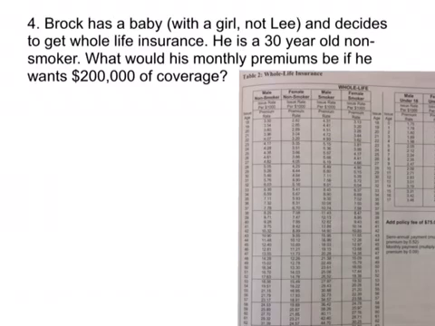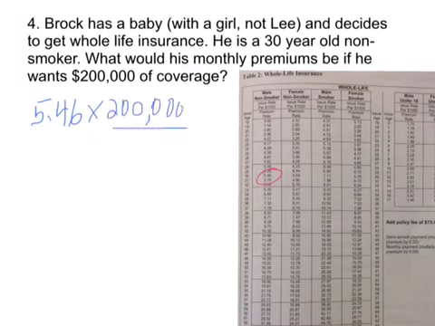So we go to the chart, male non-smoker, 30 years old. It's going to be 546 per thousand. He wants 200,000 of coverage divided by 1,000. Equals $1,092.